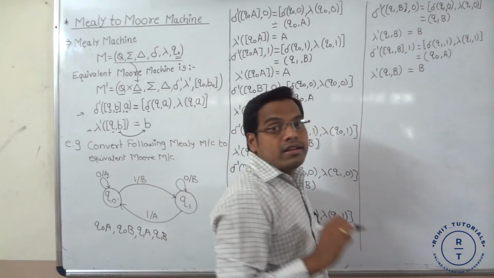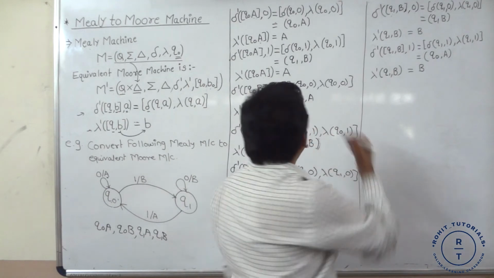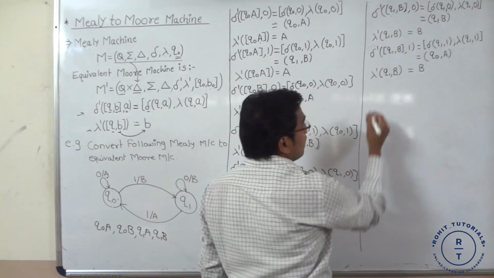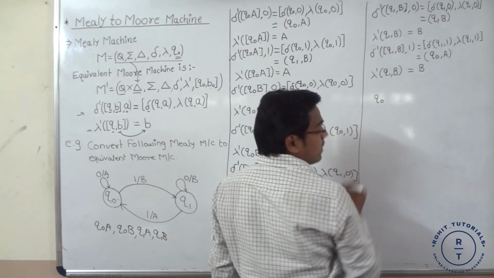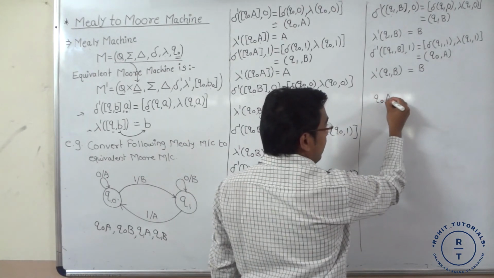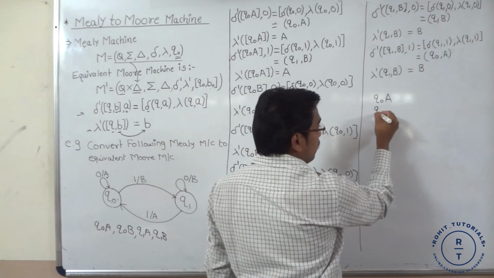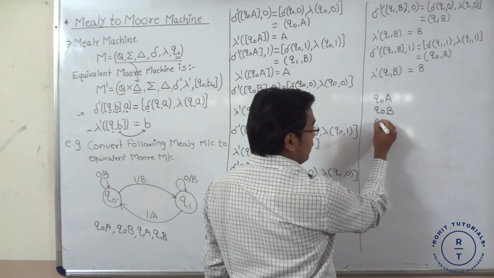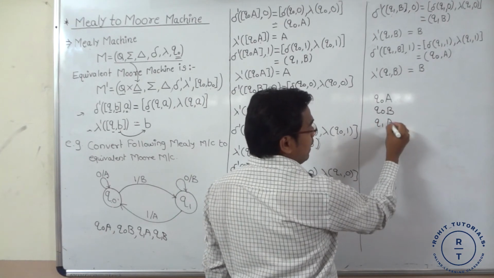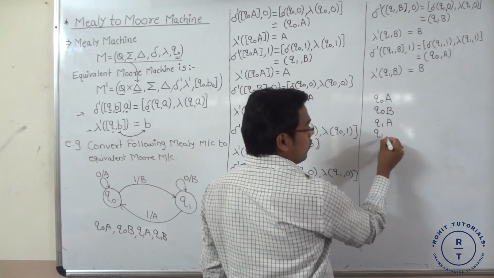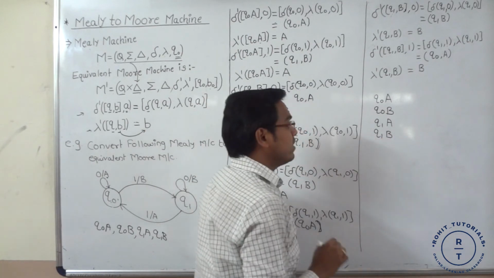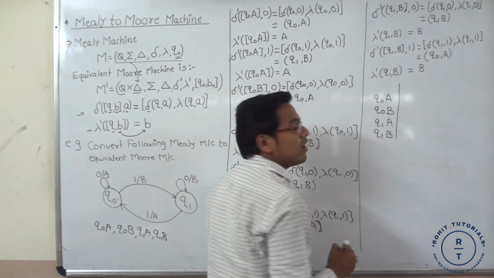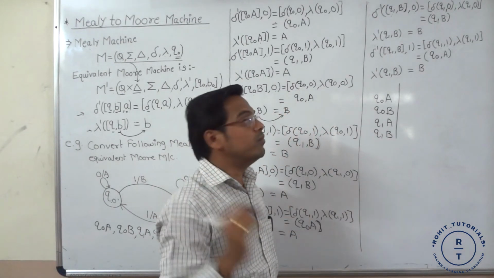Now draw the state transition table for the given calculation. It consists of states: Q0 state with output A, Q0 state with output B, next Q1 state with output A, Q1 state with output B. These are the 4 possible states during conversion of Mealy machine to Moore machine.